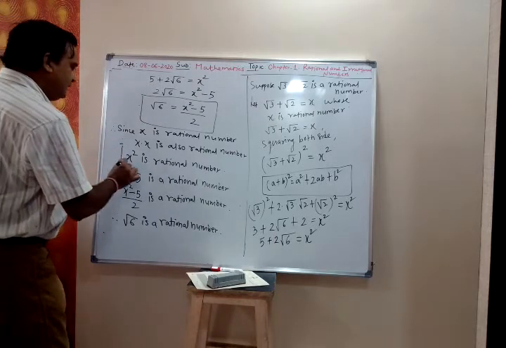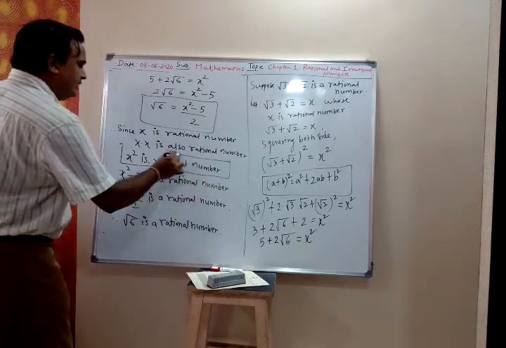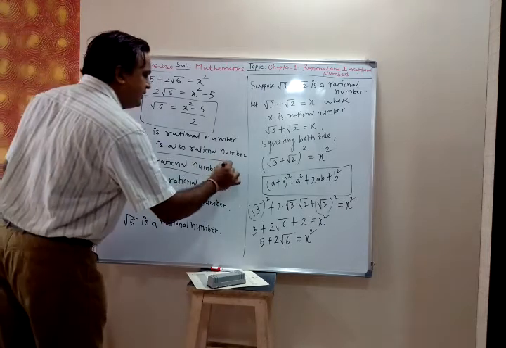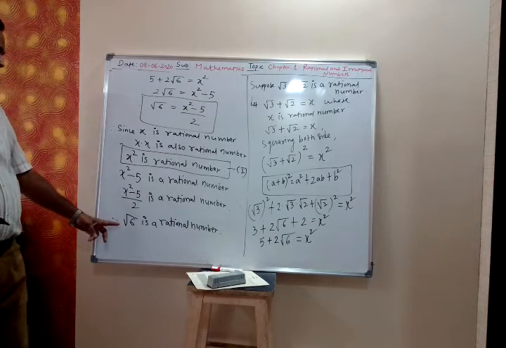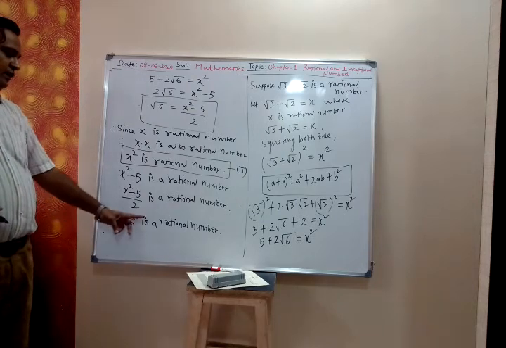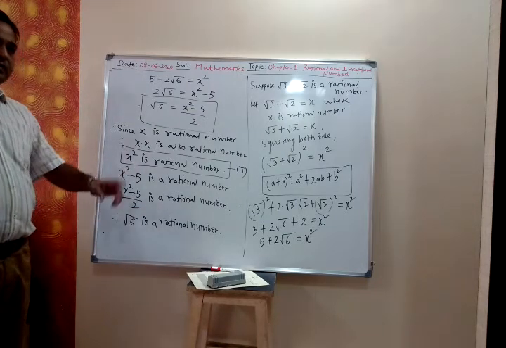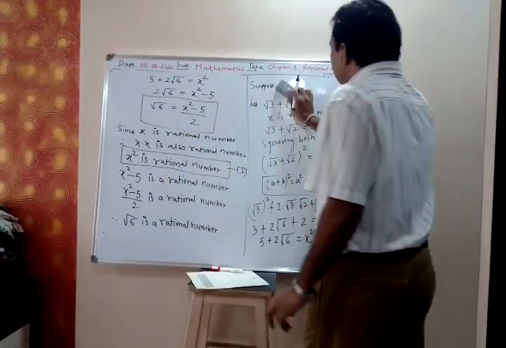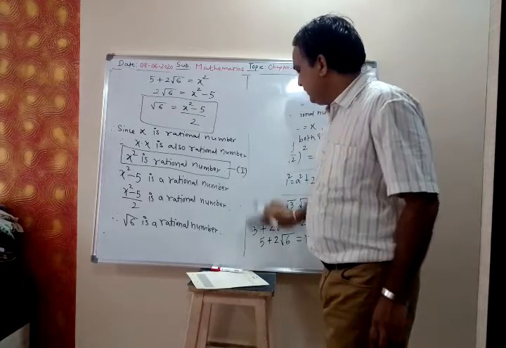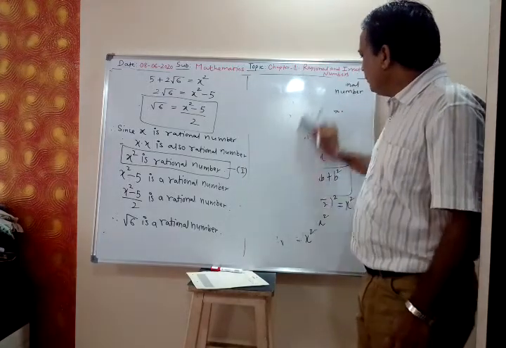This part you write in the bracket as equation number 1: x square is a rational number, equation number 1. Root 6 is a rational number. But what is root 6?